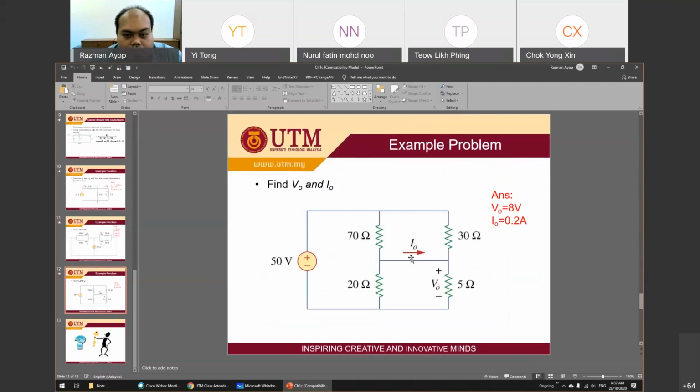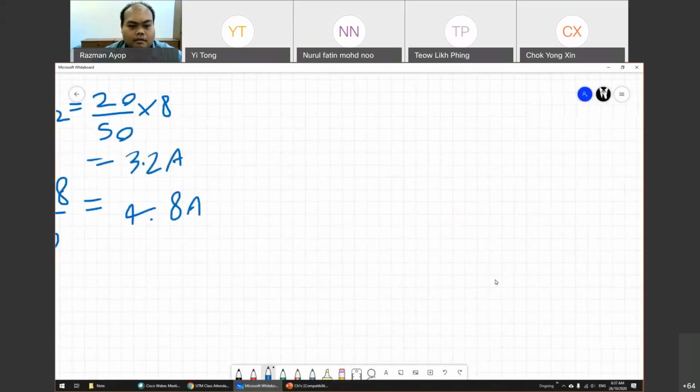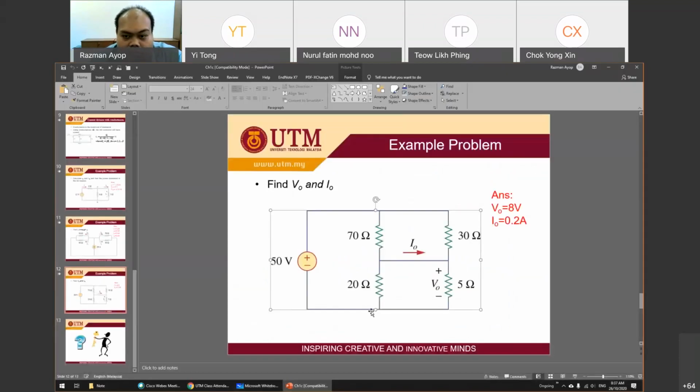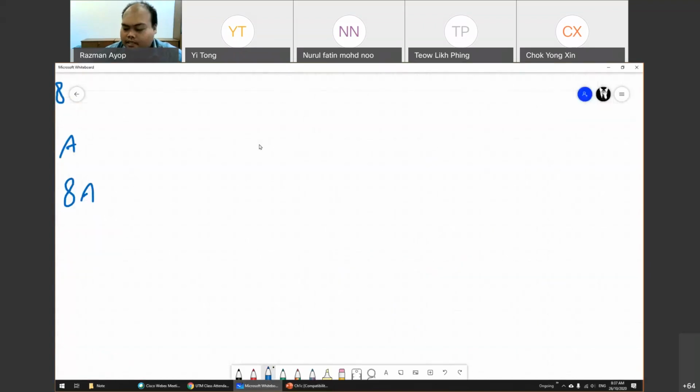So next is another example. There is no example for more than 2. All the examples are only 2. So I give you an example for 3 parallel resistances.